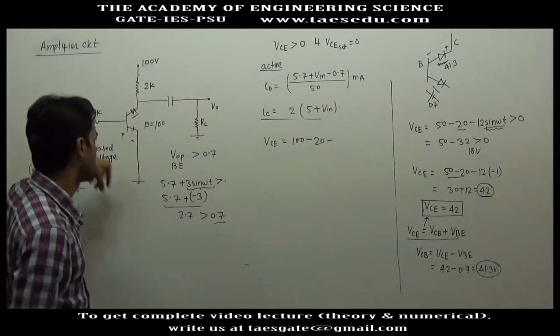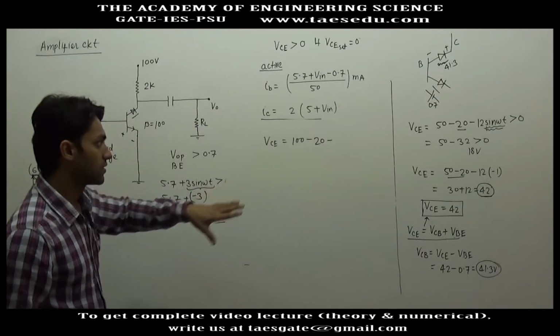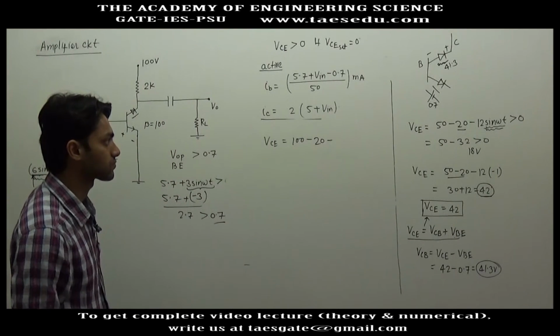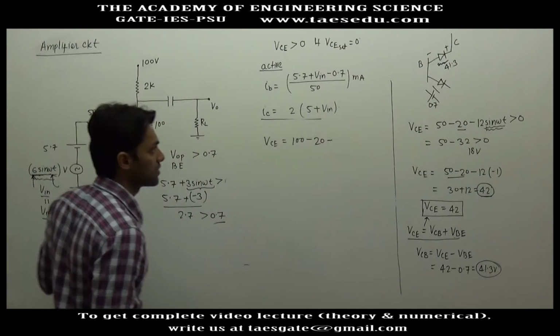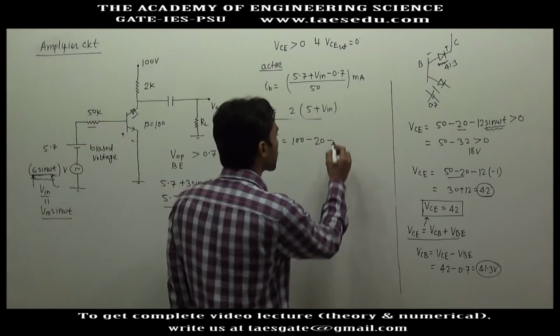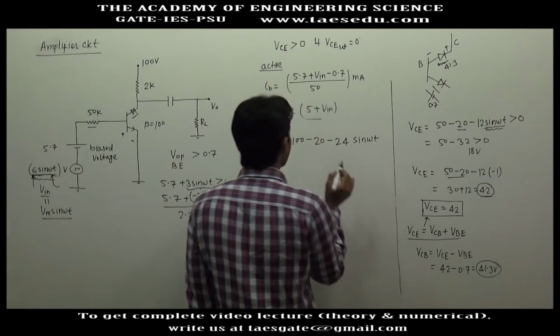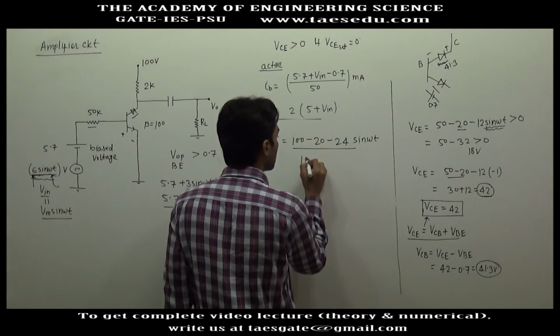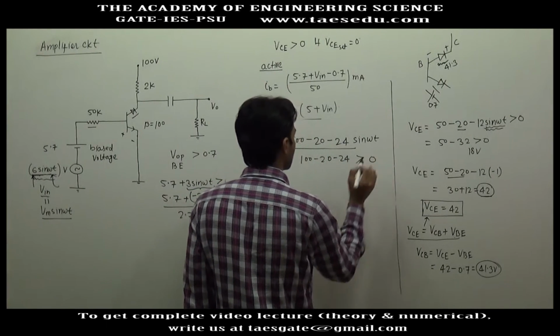If you calculate from this circuit, I have erased it, but when this was 3 we had 12 here, now we have 6, so we'll have 24 minus 24 sin omega t. The minimum value of this is 100 minus 20 minus 24, which is fairly greater than 0.